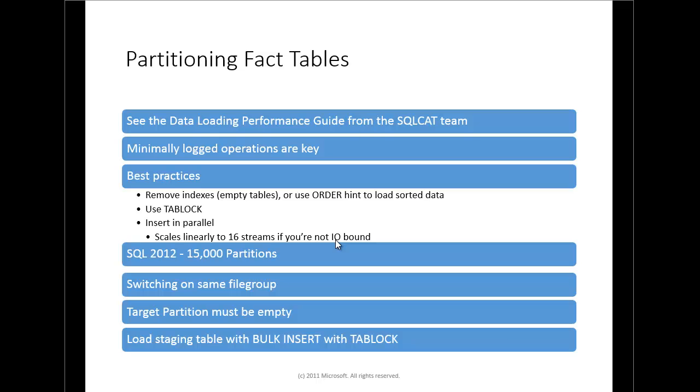If you can insert 1 GB per second worth of data, and you know that's the capability of your hardware, and that's what you're getting out of your SQL Server bulk inserts, then you know that you've maxed out your hardware, that you're actually getting all the I/O that you're capable of. And you might reach that max I/O at 8 or 4 simultaneous streams, but once you've hit your hardware max you won't be able to get any more out of it, and you've tuned it the best way possible using the guidance from the data loading performance guide.